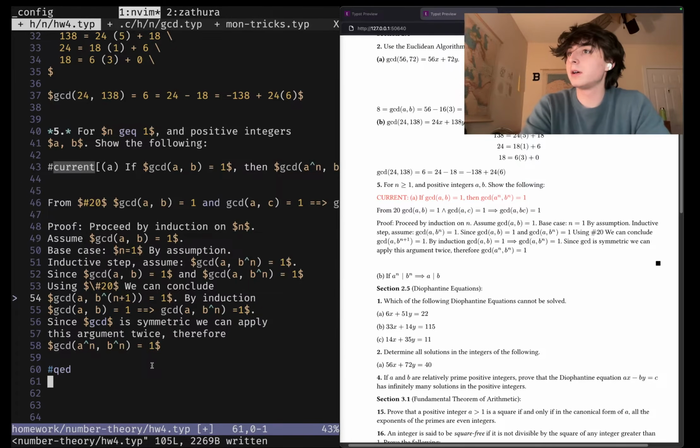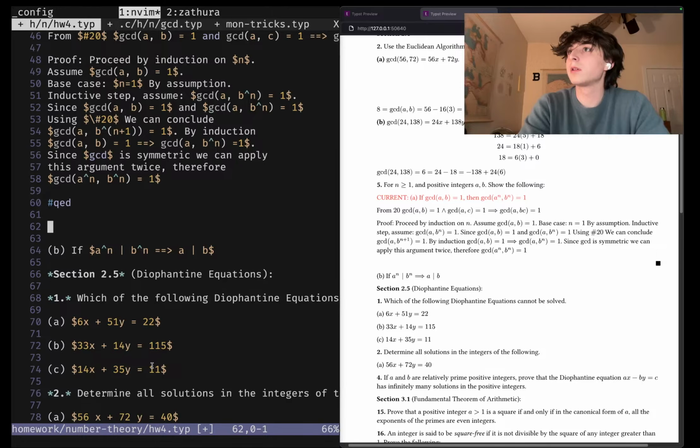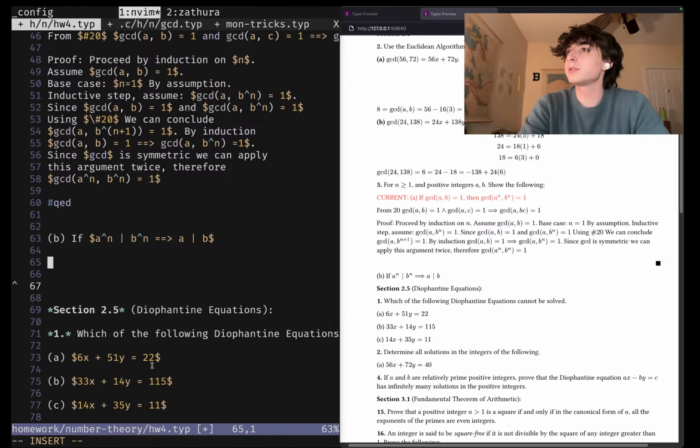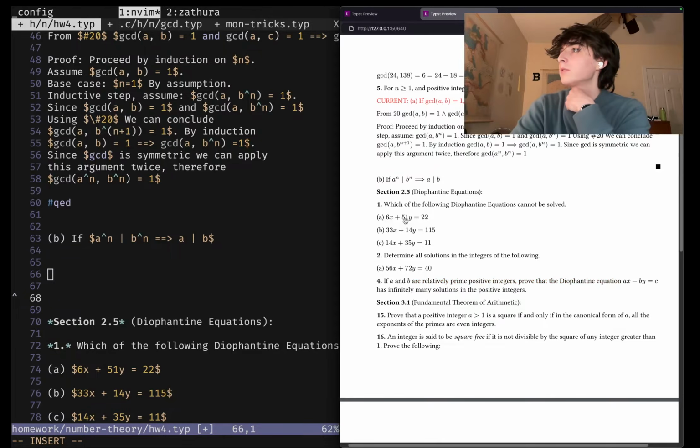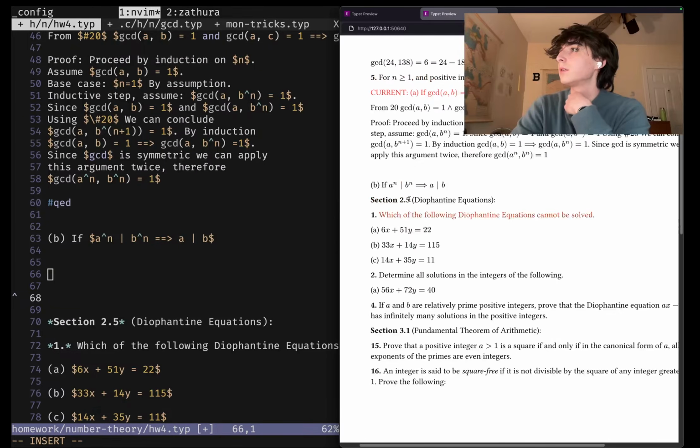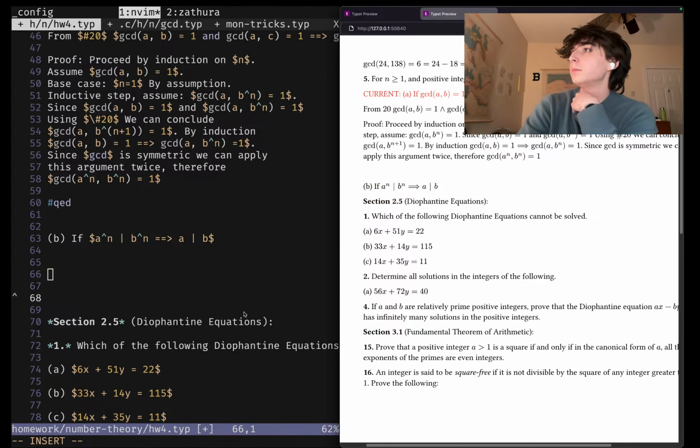All right, yeah, this looks good. This question is interesting. a to the n dividing b to the n implies a divides b.